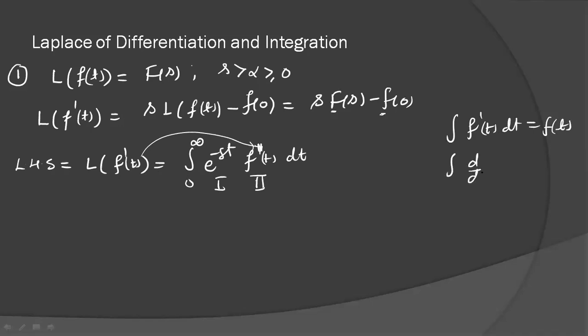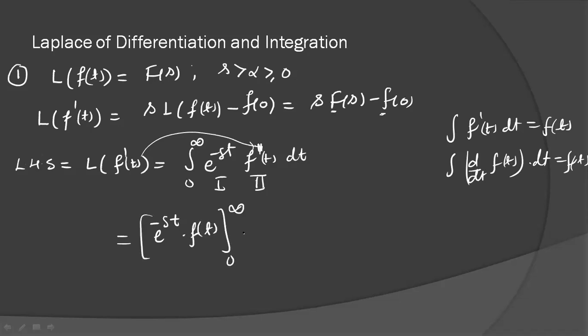So what is the integration by parts? First is outside, integration of second, so the integration of f dash t will be f(t) only, from 0 to infinity, minus the integral from 0 to infinity of the derivative of e to the power minus st with respect to t, which will be minus s e to the power minus st, into the integration of f dash t, which is f(t) dt.